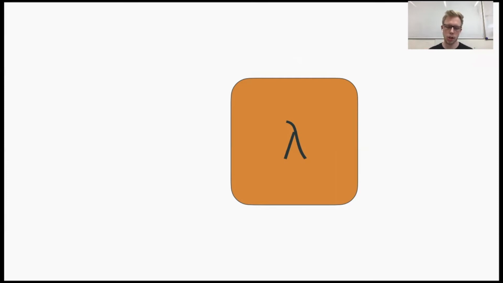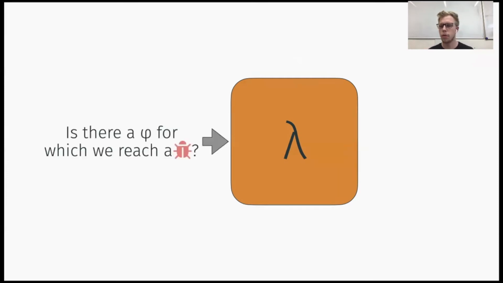And in this logical constraint system, we can reason about our program. So, for example, you could ask the question, is there a phi for which we reach a bug? And well, we then use a solver for our constraint system and obtain the answer, yes, actually, for 42, we reach that bug. And we are not the first to do this.